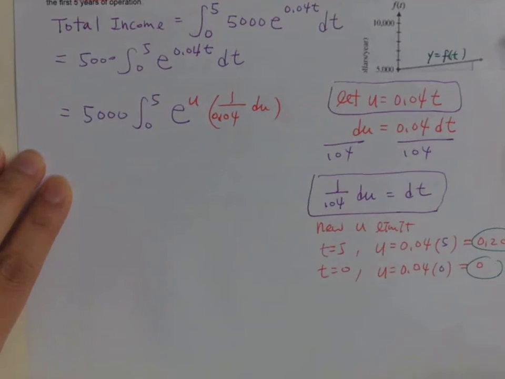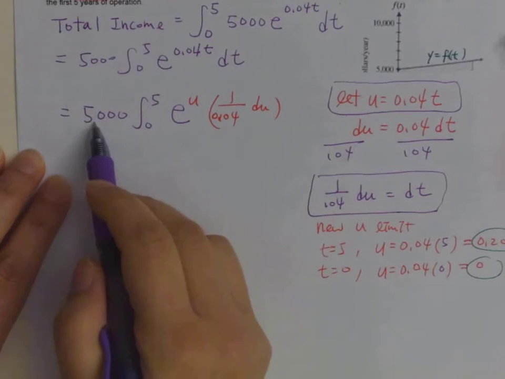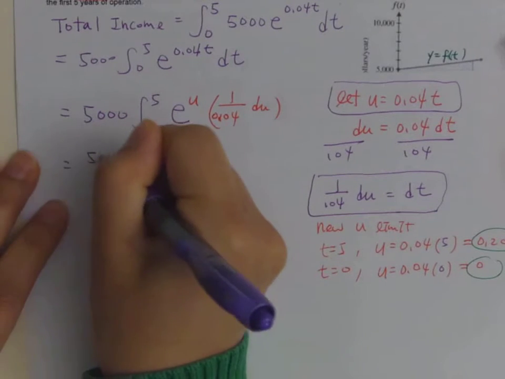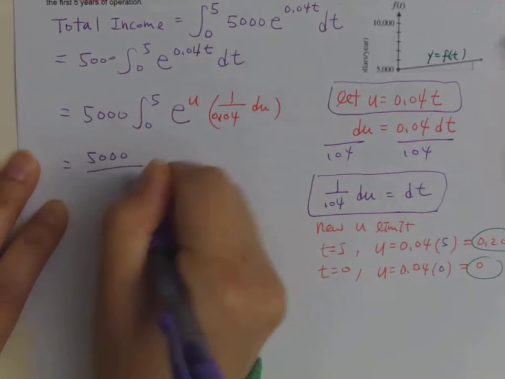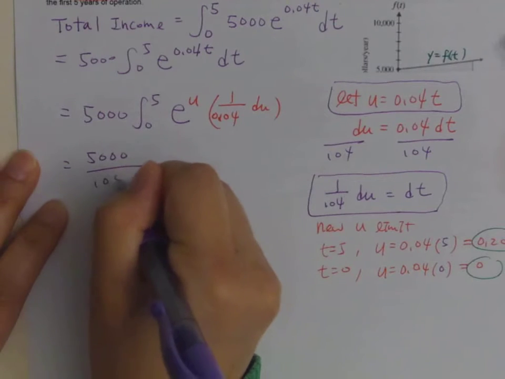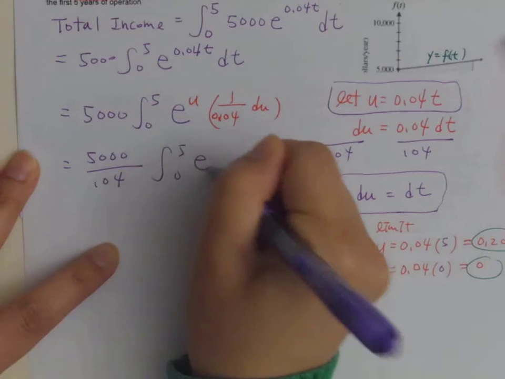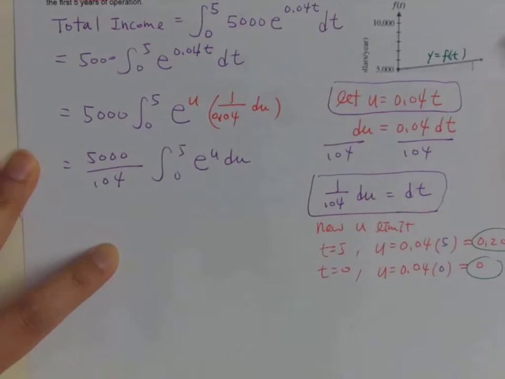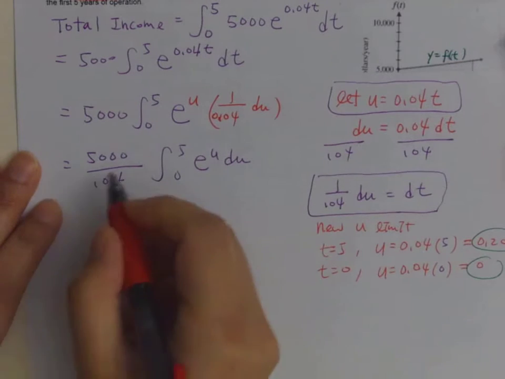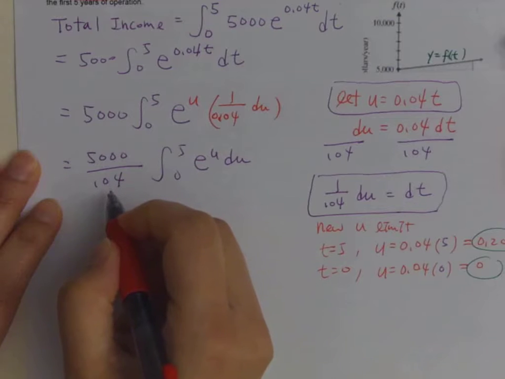Let's try. So I can pull out the coefficient out there, so this becomes 5,000 over 0.04, and then take the integral of e^u du, right? So that one is not too bad because we can figure that part out.